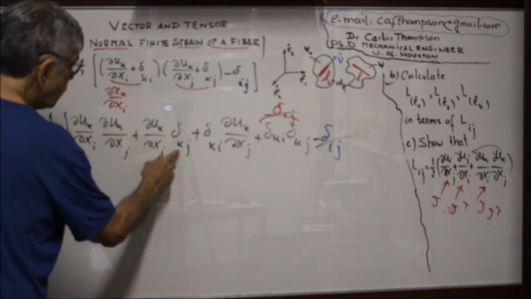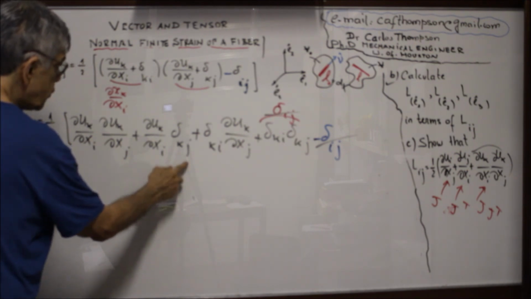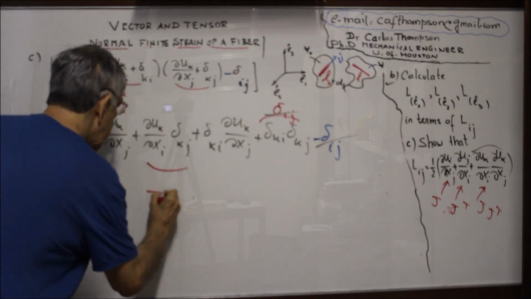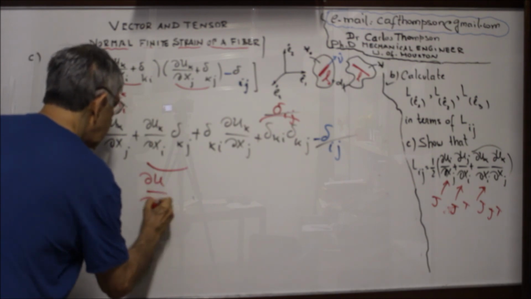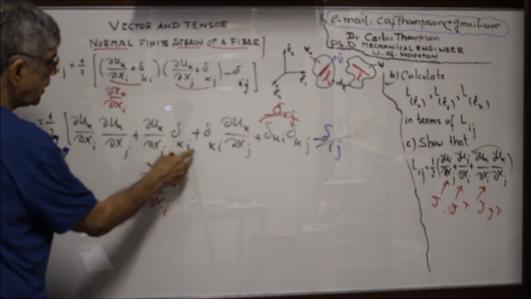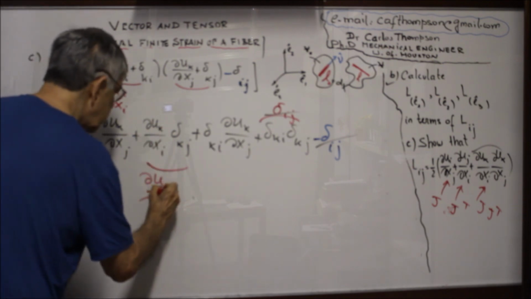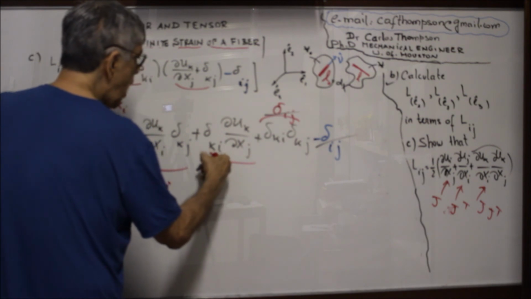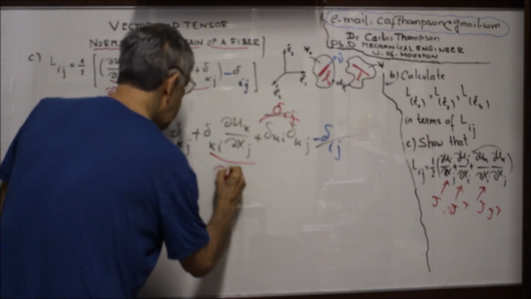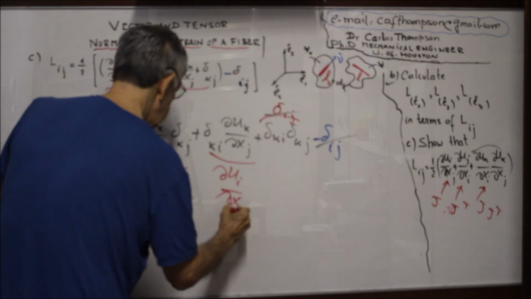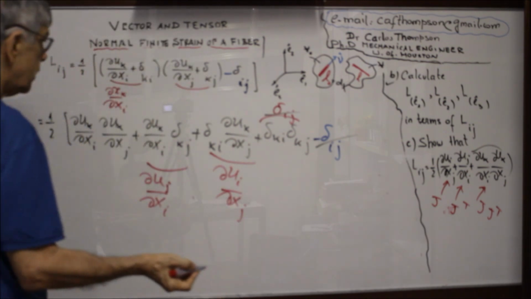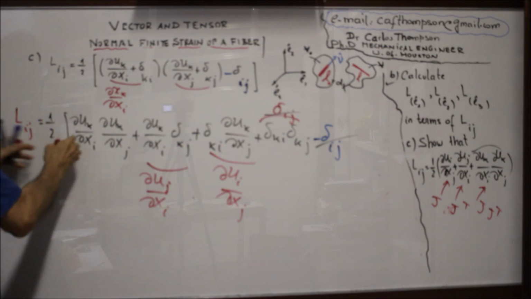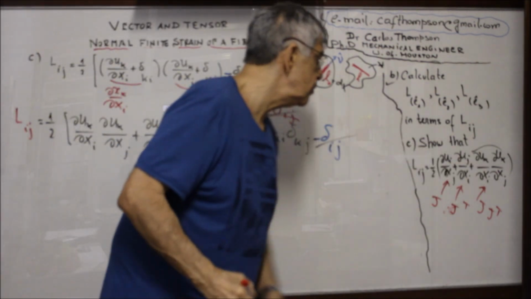Delta_kj u_k: now you can see this is the partial of u with respect to X_i, so this will be j over here. Now delta_ki u_k will be partial of u_i with respect to X_j. It's ready. Now L_ij is equal to just what is written over there.